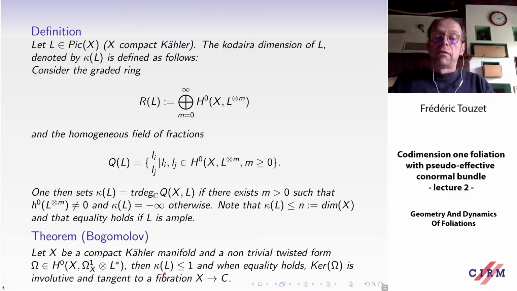And more precisely, the Kodaira dimension is necessarily less or equal to 1. Moreover, when equality holds, this distribution is actually integrable and even given by a fibration of the manifold onto a curve.